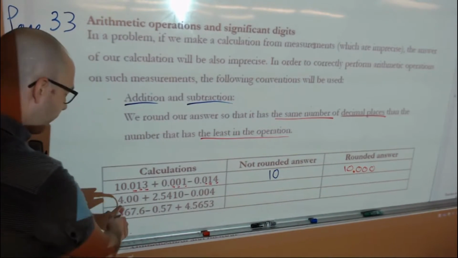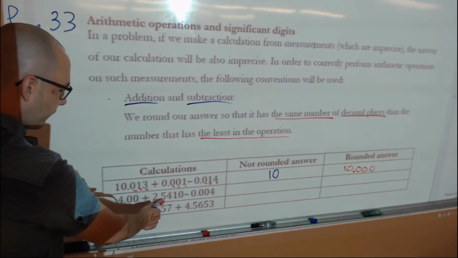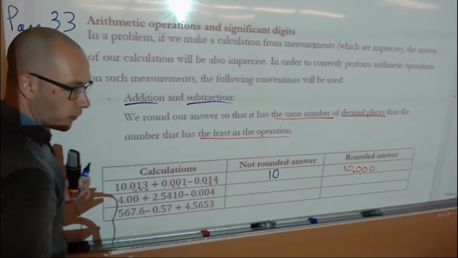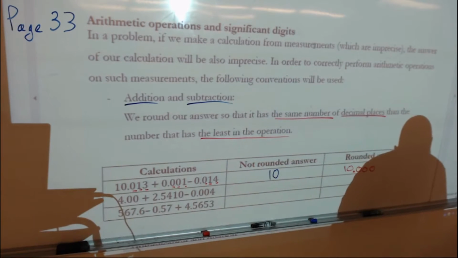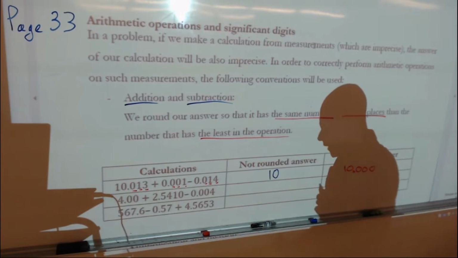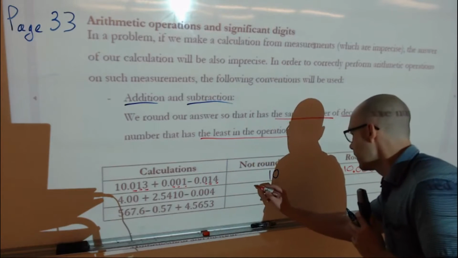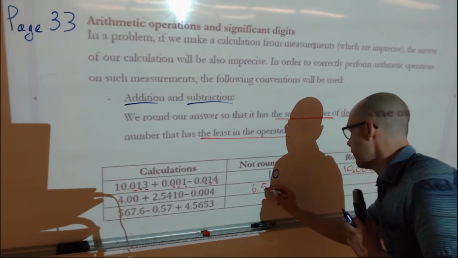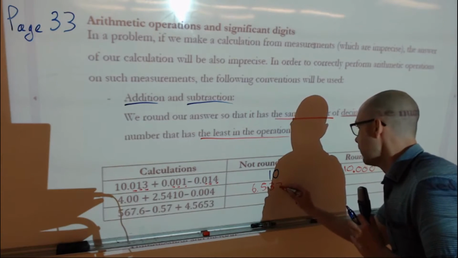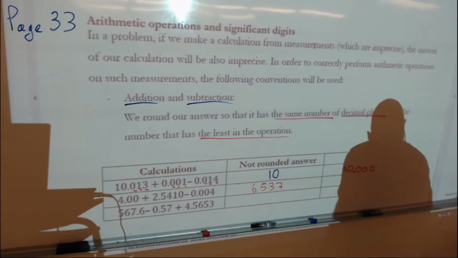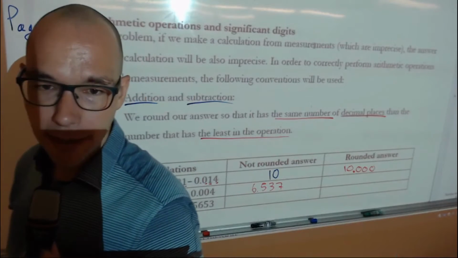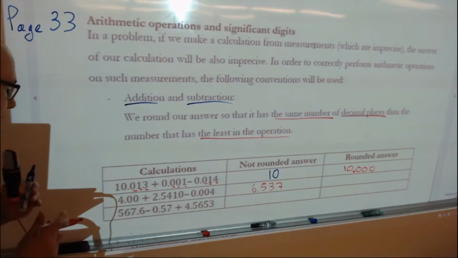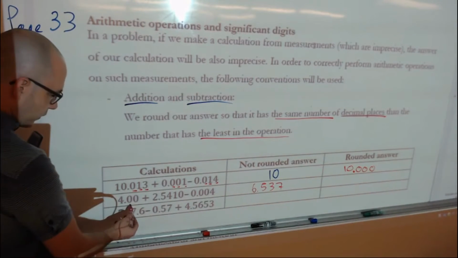Then this one, 4.00 plus 2.5410 minus 0.004. I'm going to skip the calculation and give you the result. It's going to be 6.537. Is that right? Yeah, that's right. And then we have to think about the decimals. There's 1, 2.